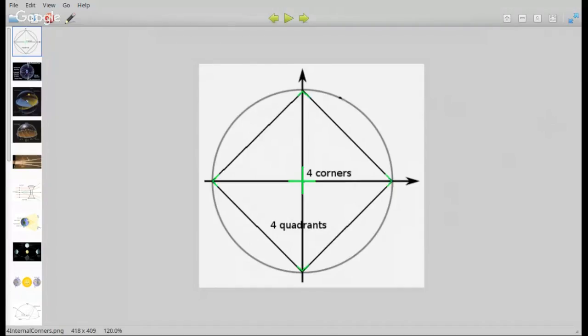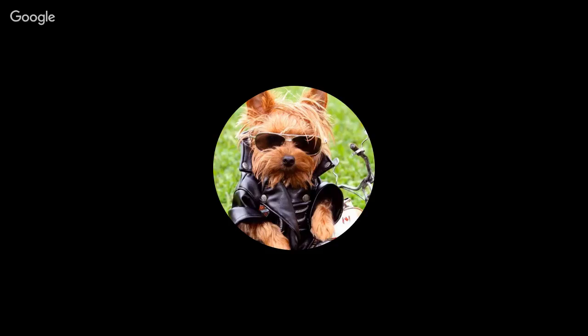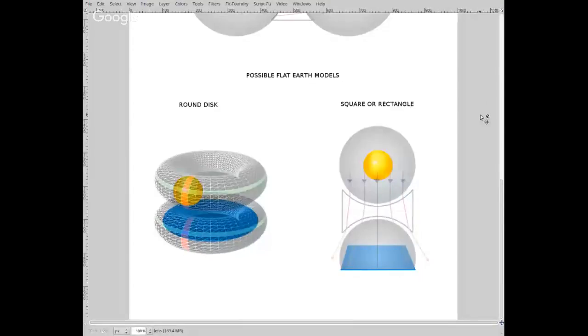So at any rate, whether you want the earth to be totally square, and let me go back to my first model in case anybody shows up late. Let me go get my drawing. Here we are.